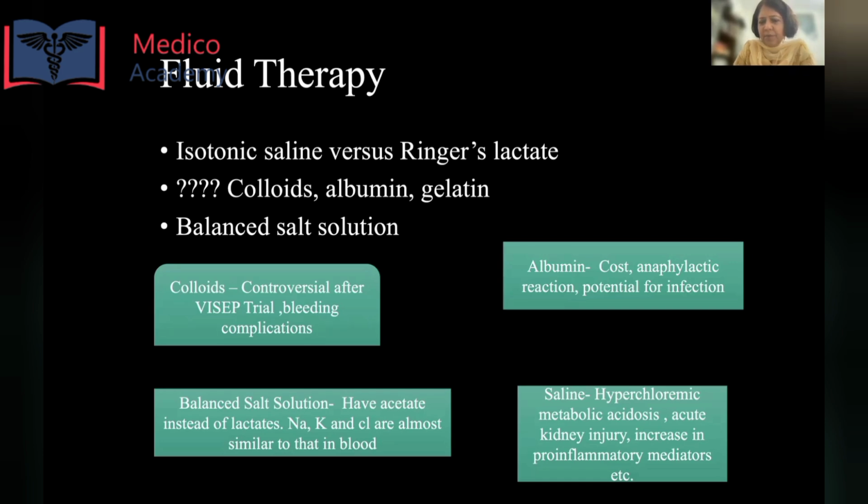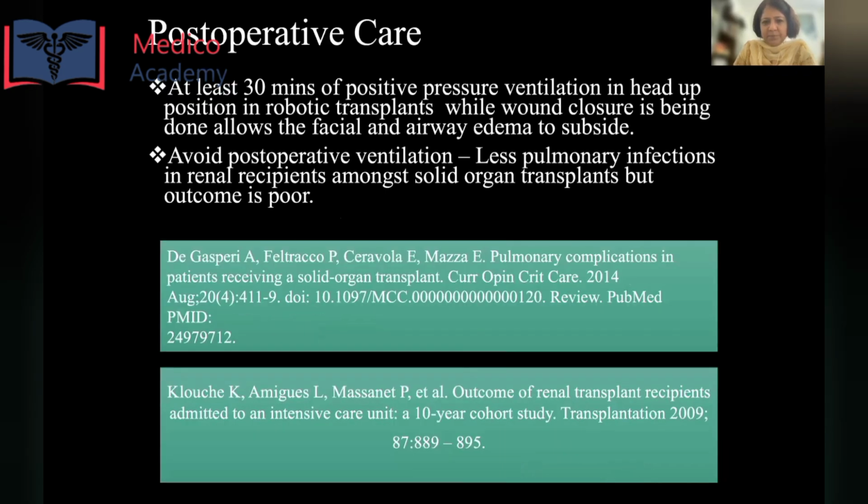Saline can cause hyperchloremic metabolic acidosis, acute kidney injury, an increase in pro-inflammatory mediators, etc. Balanced salt solutions, for the last 10 to 14 years, are being used increasingly in most centers. Some tend to alternate balanced salt solution with saline. We prefer to use balanced salt solution in our center.